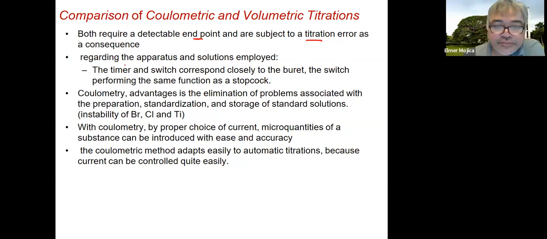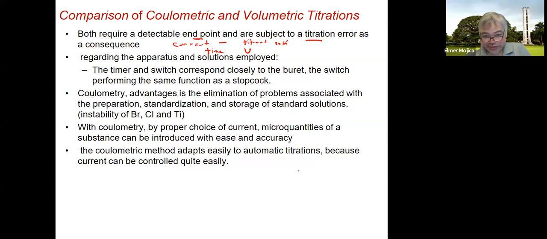Okay. Now, one difference we could say is in coulometry, you have the current or the electron generation that serves the same function as the standard titrant solution. Now, with regards to the time, that's the volume that you add.